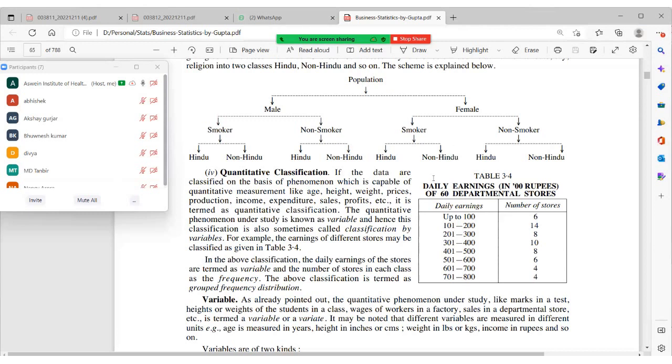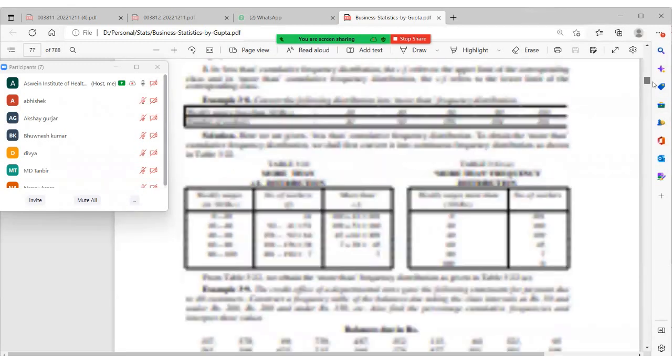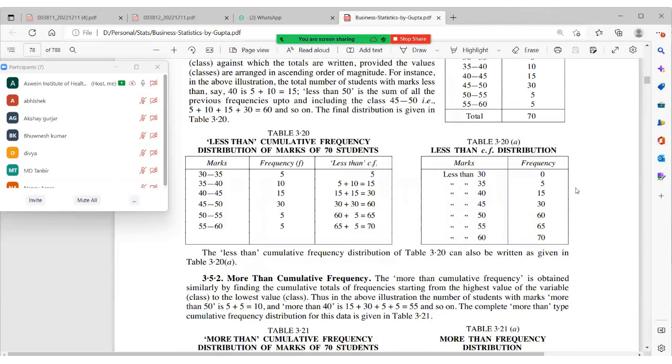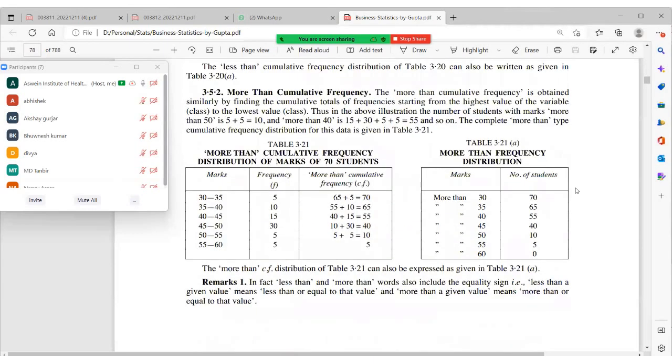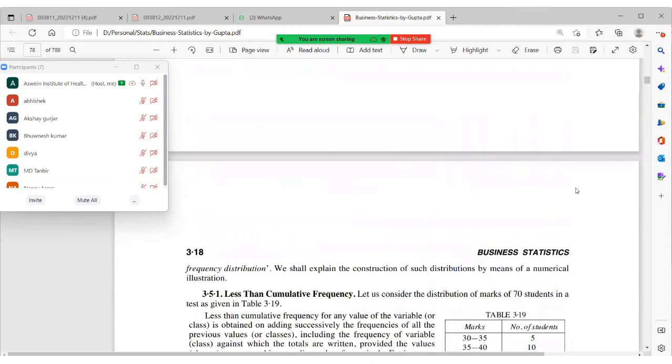So this kind of series we call an open end series.